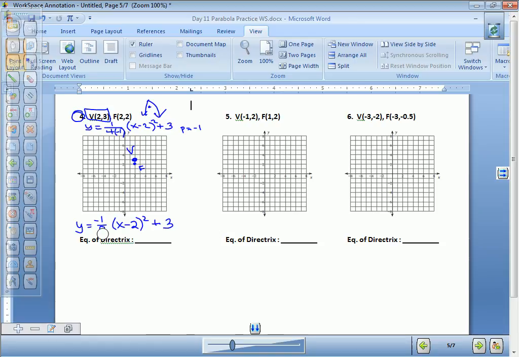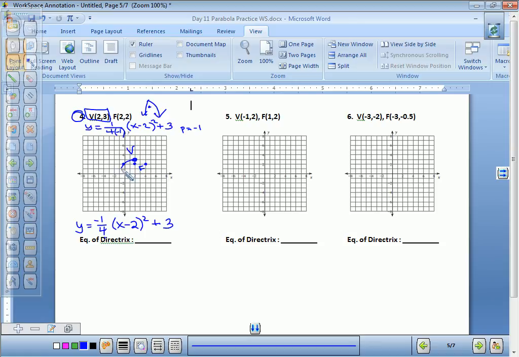That is not -1/8, that's -1/4. 4 times 1 is not 8. It's never 8. It's always 4. Okay. Now, I can graph it because I know P was 1. If I double it, I get 2. So I go 2 units in either direction of the focus.